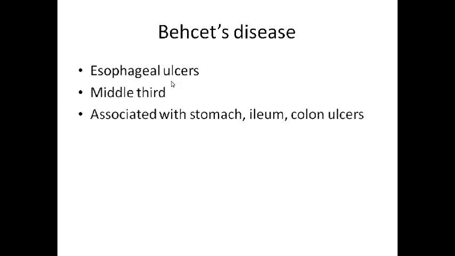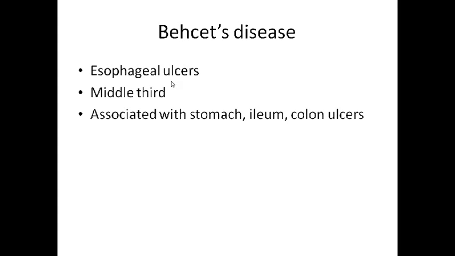esophageal ulcers is what you want to remember with Behçet's. Usually with the esophagus, we're going to see ulcers with Behçet's disease. Now, it's not just limited to the esophagus, but we usually will see ulceration of the GI tract. And actually, the esophagus would be one of the last parts that you'd see Behçet's disease, I believe.